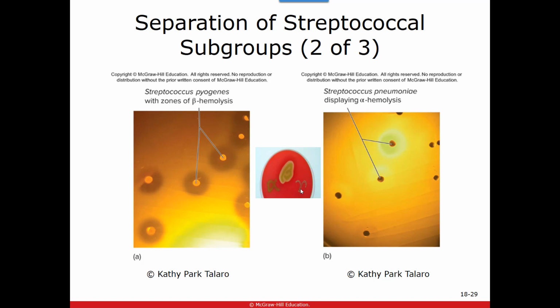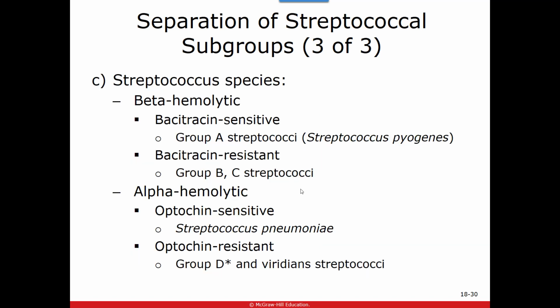So, some of the bacteria we're going to talk about are in the streptococcal group. Again, there are some beta-hemolytic, and there's more than one beta-hemolytic. We group them based on the antigens they have, A antigens, B antigens. We also try to figure out what they are based on whether they're sensitive, meaning affected by, or resistant to certain antibiotics.